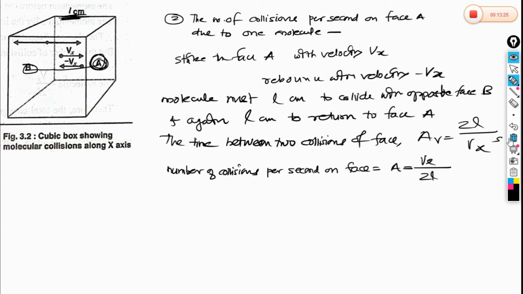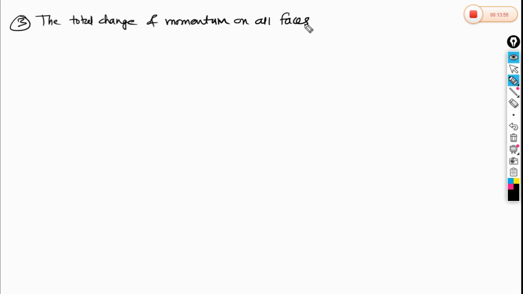Okay, so let's move further. Then the third step is the total change of momentum on all faces of the box due to one molecule only.